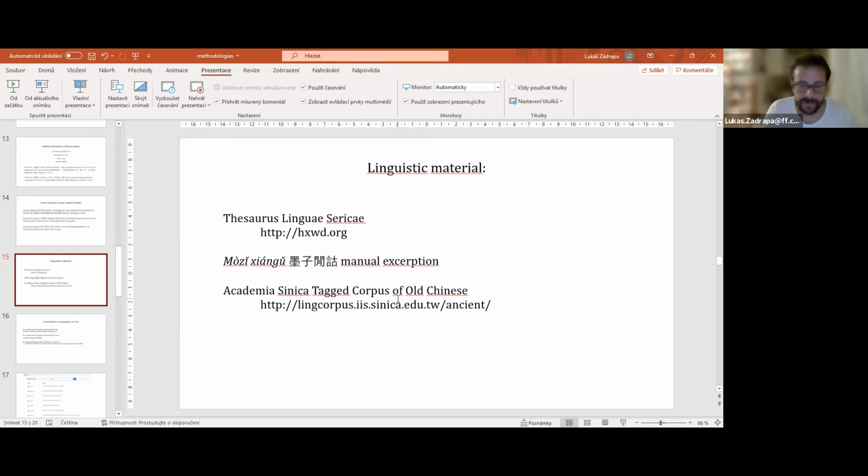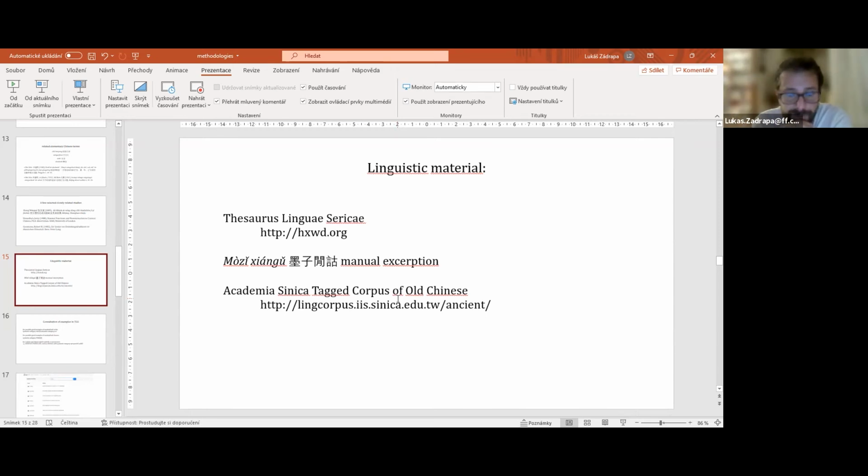But of course, under this condition, one has to be very careful and always test these hypotheses on concrete linguistic material, historically attested. And for these purposes, I use to a certain degree Thesaurus Linguae Sericae.